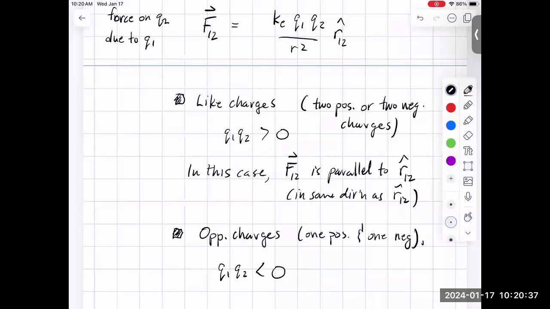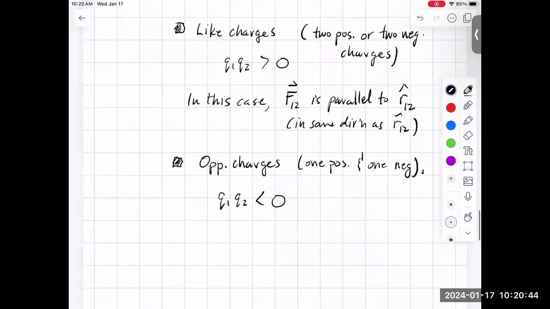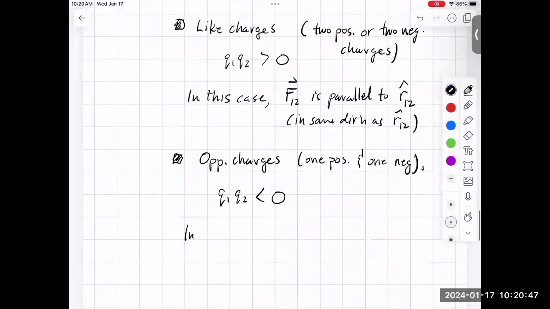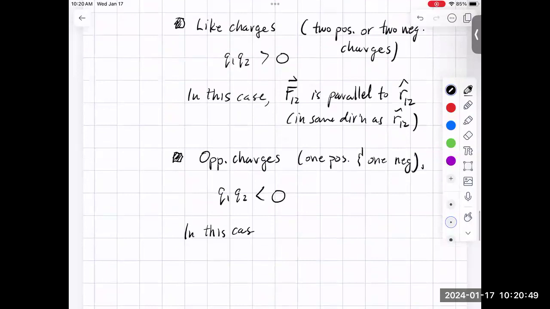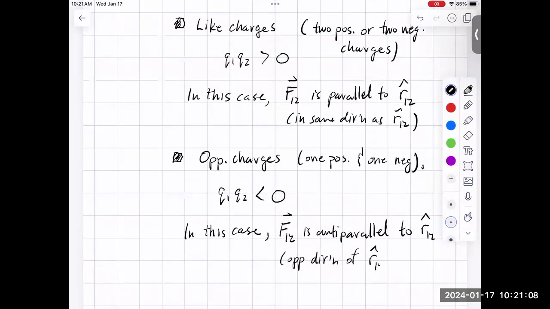And that negative sign just means that the direction of the force is anti-parallel to this r hat 1, 2. So in this case, F is anti-parallel to r hat 1, 2, or it's in the opposite direction of this unit vector.